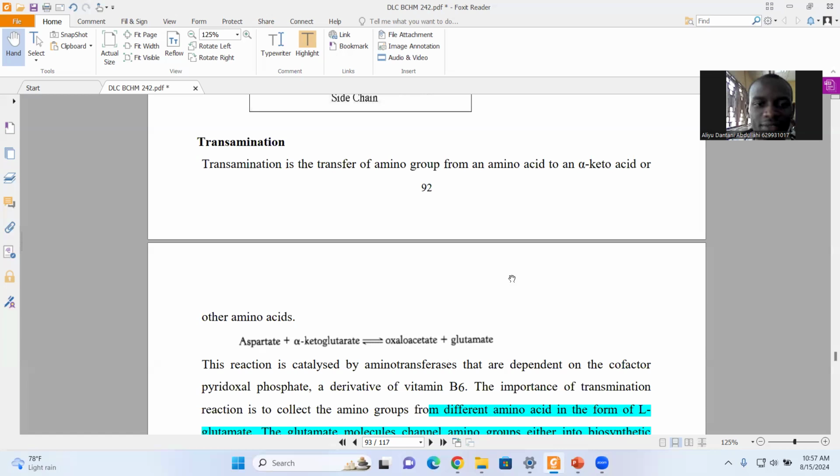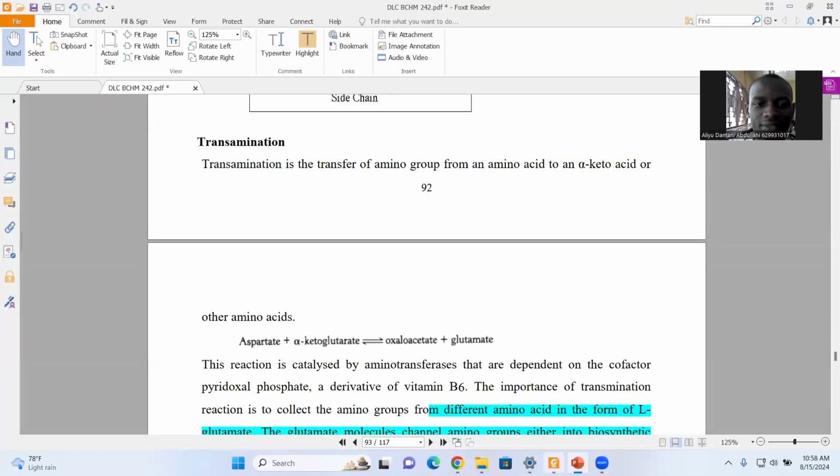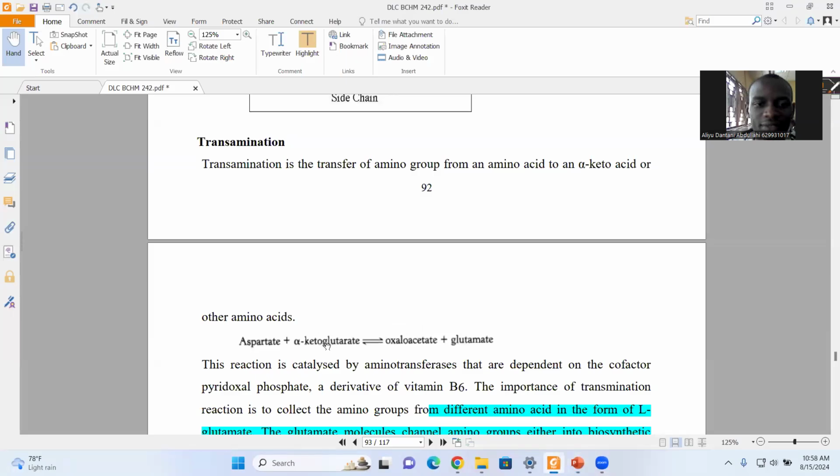Okay. So if you look at this chart here, you see glutamate is what's converted to ammonia. So it means the body works better by optimizing operation, on the principle of maximum empowerment. Okay. So this reaction here is meant to transfer an amino group from any amino acid to form glutamate, because alpha ketoglutarate can form glutamate.